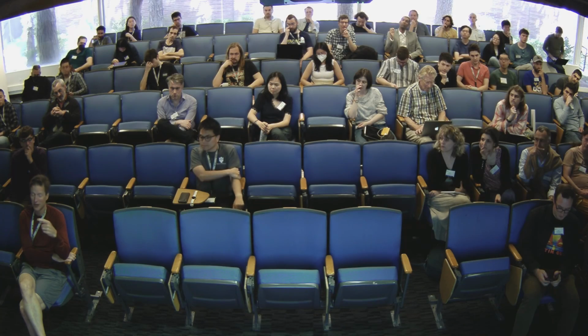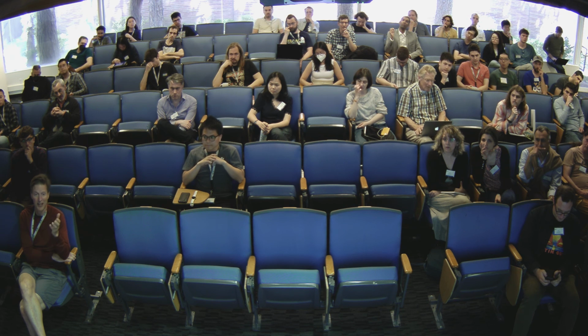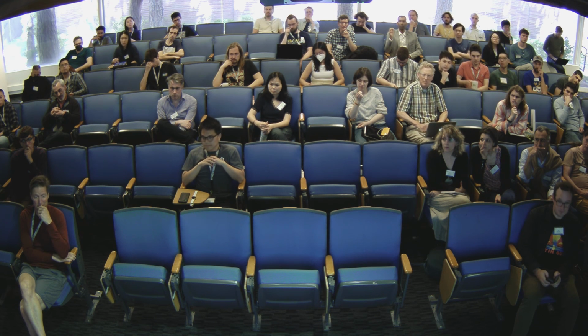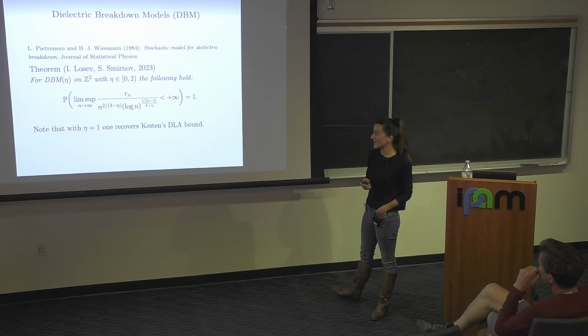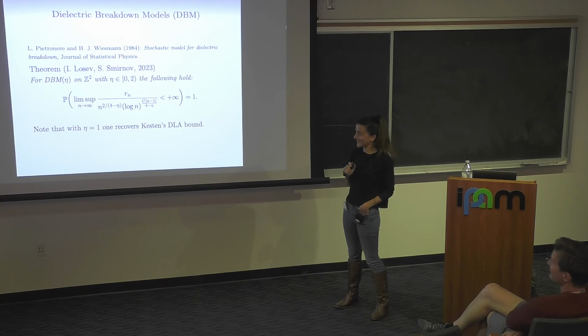Audience: So you can take eta bigger than 1 here. Yeah, up to 2. Does something interesting happen at 2? That's a good question. Not sure. You see that the boundary becomes linear. Or the n.